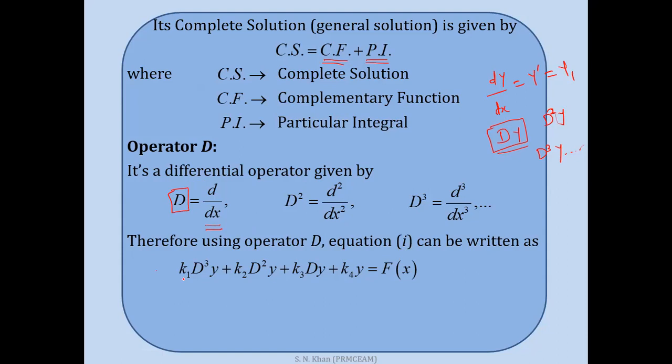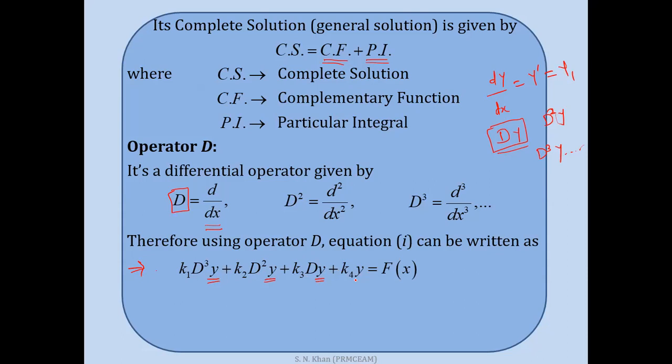So here we have converted equation 1 in terms of operator D. Now after that we have to simplify it. Now what can we simplify here? The first term is k1 into D cube y. So D cube of y means we are applying operator D cube on function y, plus k2 into D square y, again we are taking the derivative of y, plus k3 into Dy, again we are taking the derivative of y.